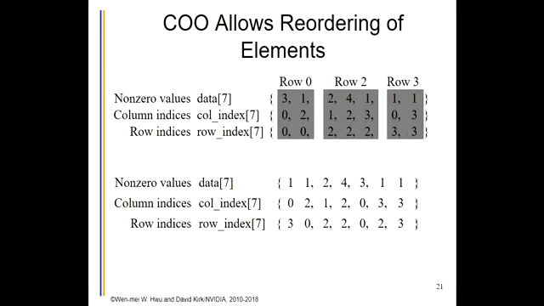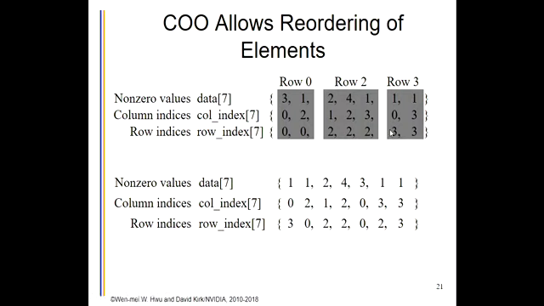I can reorder all the elements as long as the column index and row index follow the data when I reorder. So for example, here 300 has been reordered to location 5, and 103 has been reordered to location 0.